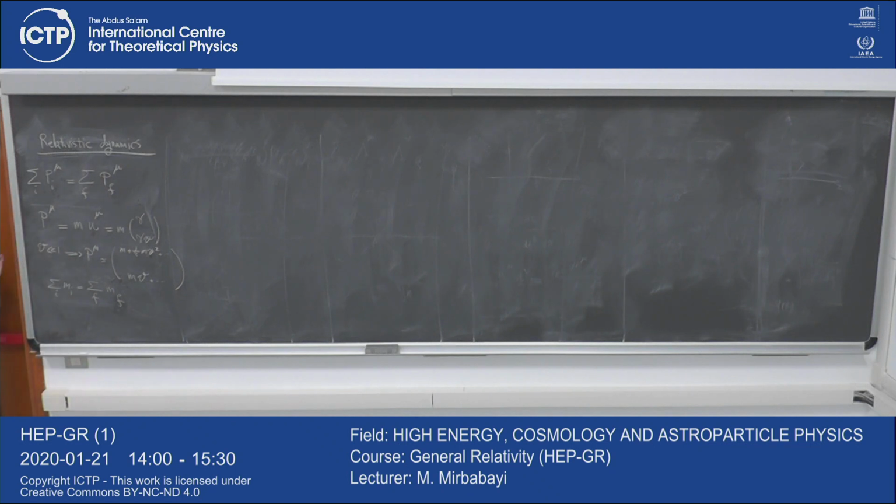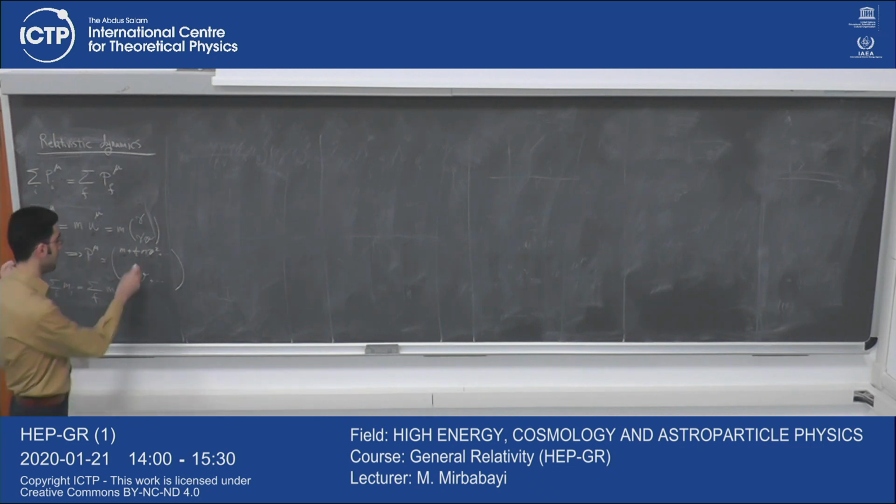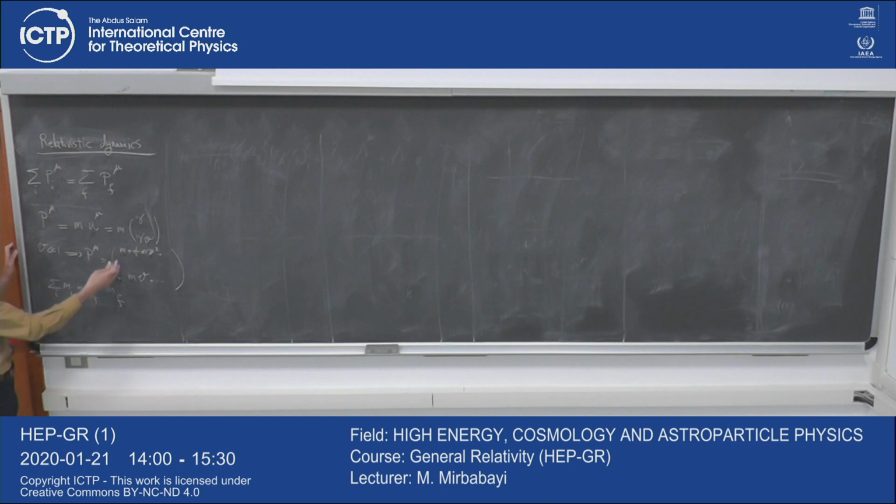So we never change the number of particles in non-relativistic processes, because the rest energy is always much bigger than the kinetic energy of the constituents. So the masses remain the same between initial and final state. Once we infer that, then we will also have the conservation of the kinetic energy.